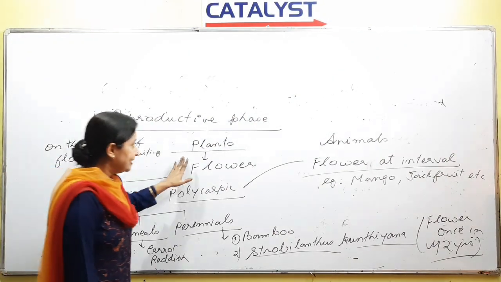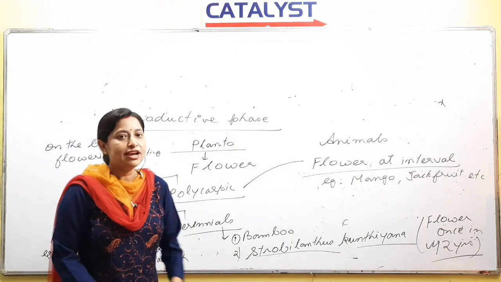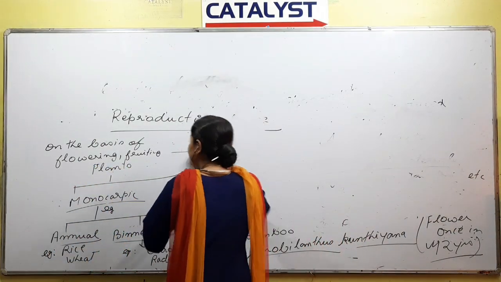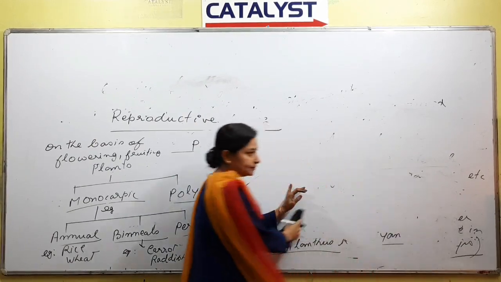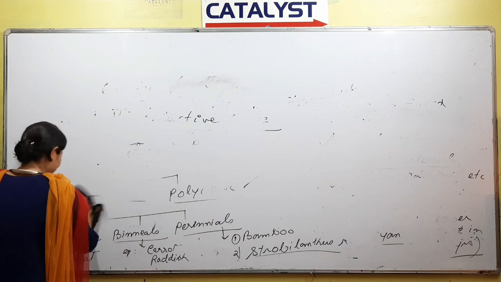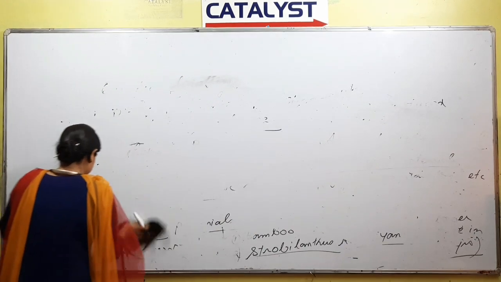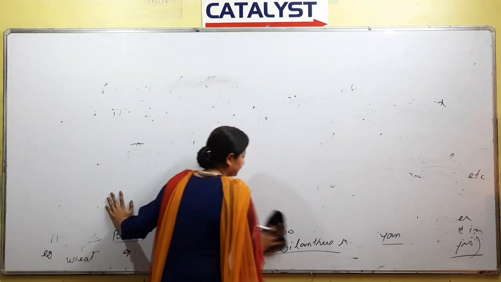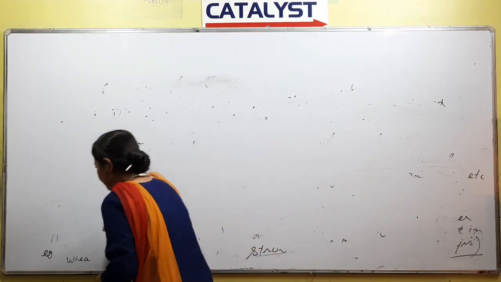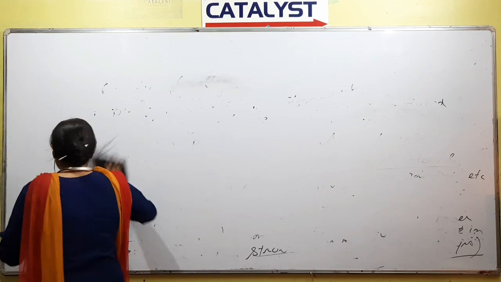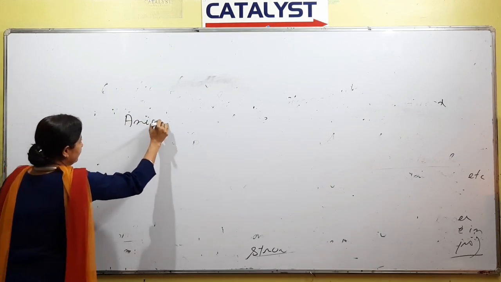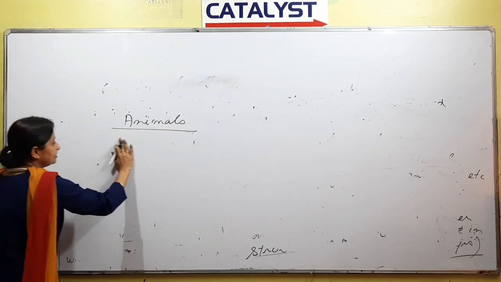Next, we have to talk about the reproductive phase of animals. In case of animals, we are not going to discuss the animal portion in detail in the botany class.